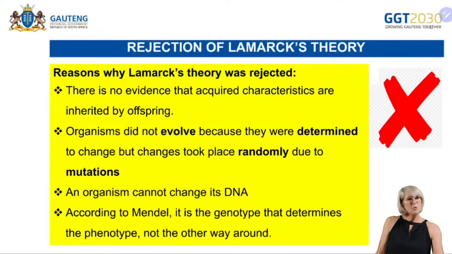An organism cannot change its DNA. If I'm tall and I want to be short, I can't change my DNA. That's who I am. And according to Mendel, we now know that it's the genotype that determines the phenotype and not the other way around. And this is why Lamarck's theory has been rejected.